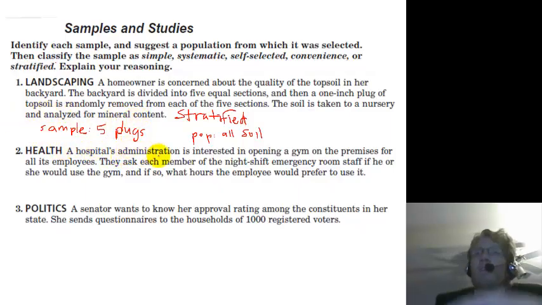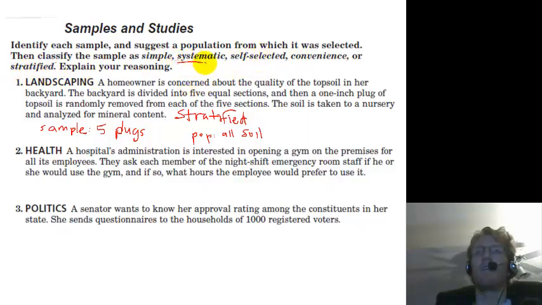Okay, number 2, a hospital's administration is interested in opening a gym on the premises for all of its employees. They ask each member of the night shift emergency room staff if he or she would use the gym, and if so, what hours the employee would prefer to use it. Because we're only asking the night shift emergency room staff, it's definitely not simple, not stratified, and not self-selected.